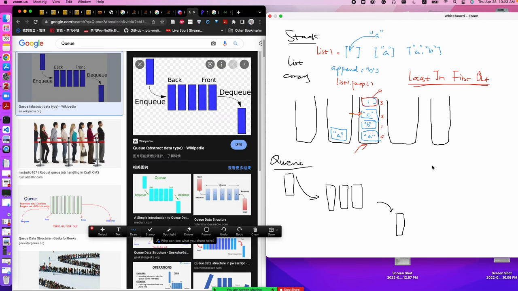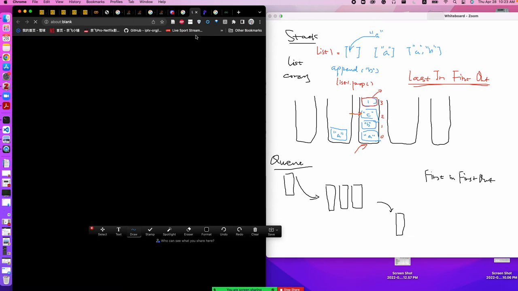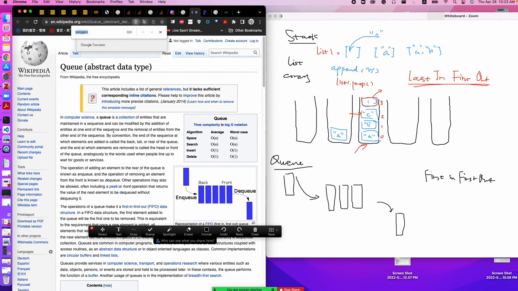So it should be first in, first out, right? That means the first guy has the most priority to leave this queue. So see here, first in and first out.